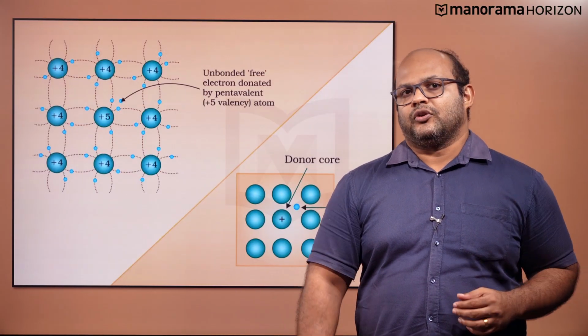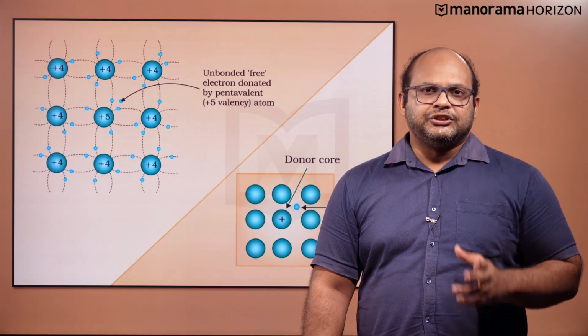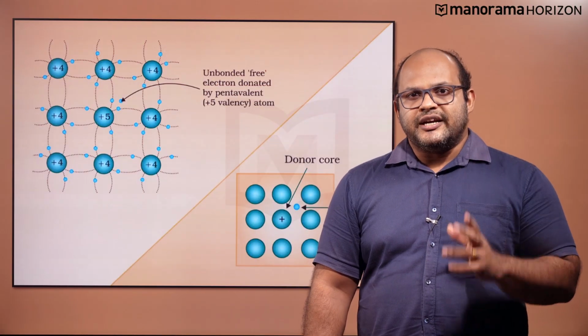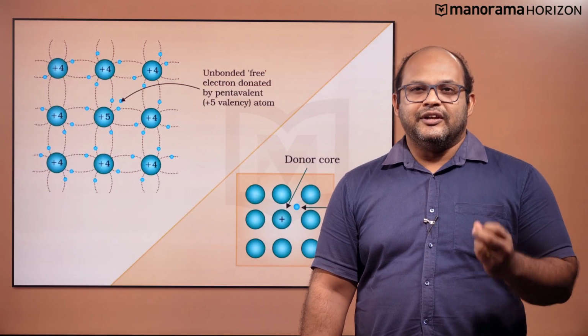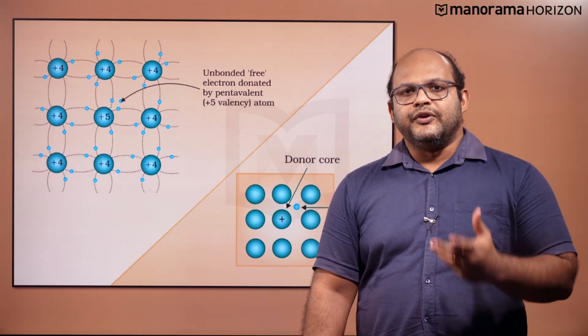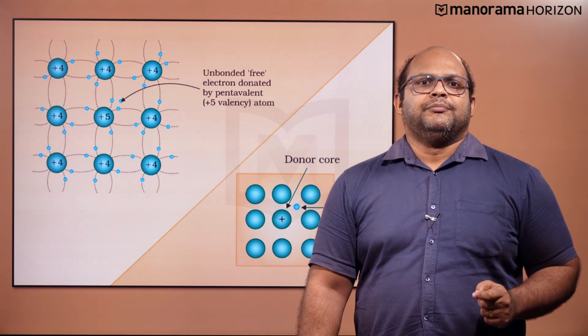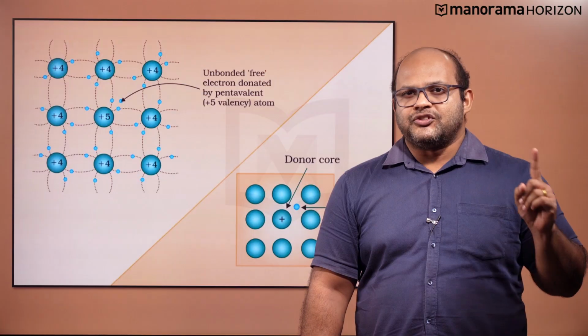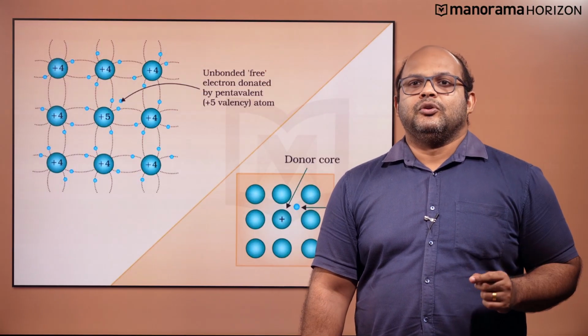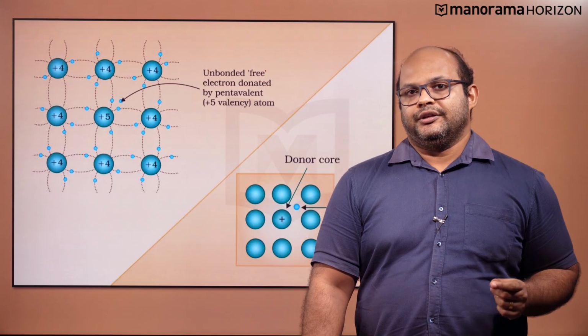This is an extra electron. Thus, the ionization energy required to set this 5th electron free is very low, and hence it becomes free to move inside the lattice of the semiconductor. Since the pentavalent impurity is donating 1 extra electron for conduction, it is known as a donor impurity.